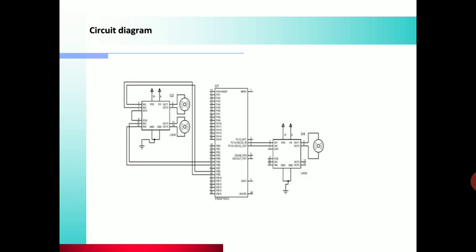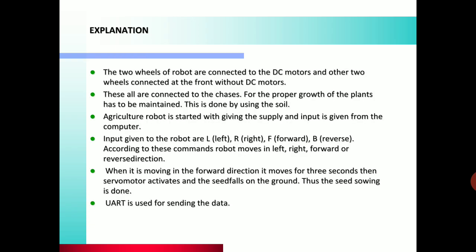Then the second motor driver IC's inputs are connected to pin numbers 21, 22, 25 and 26, and we will get the output through the four wheels. This is the explanation of this circuit diagram.